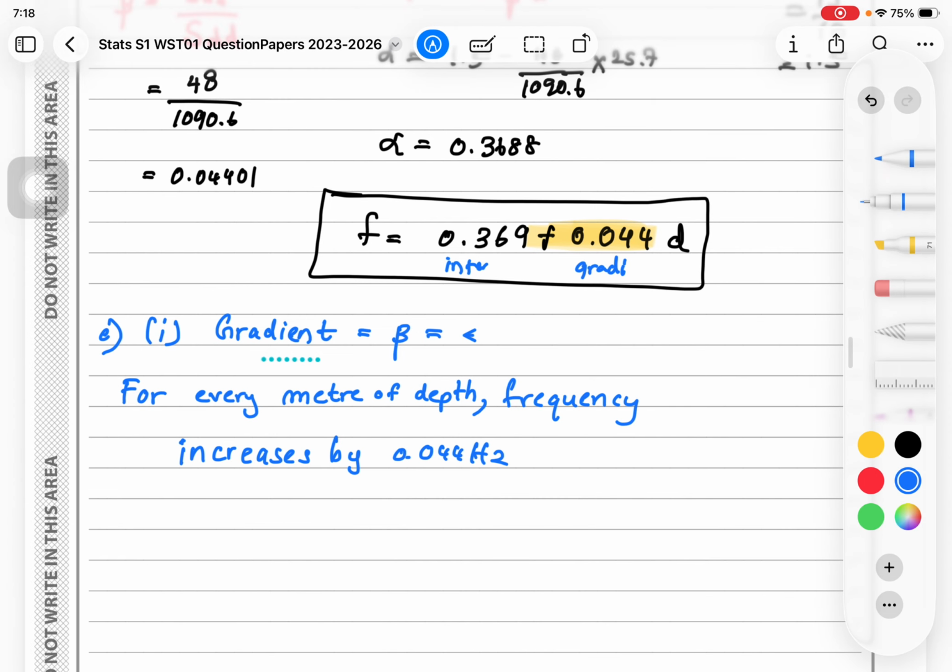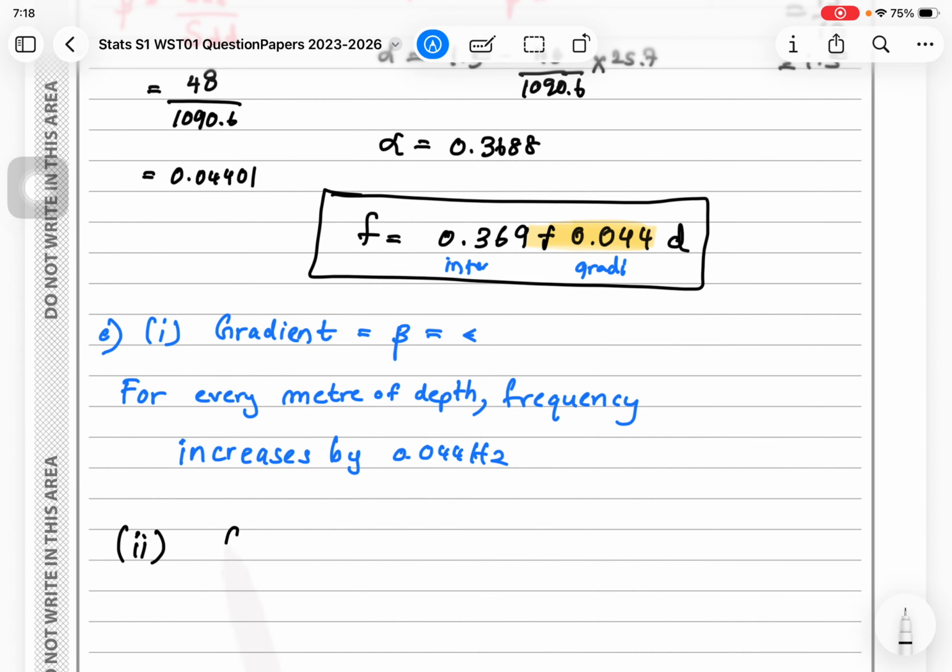Now for Roman numeral 2, they're talking about the F-intercept. The intercept is the predicted value when the independent variable is 0.